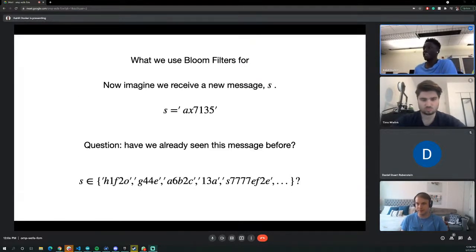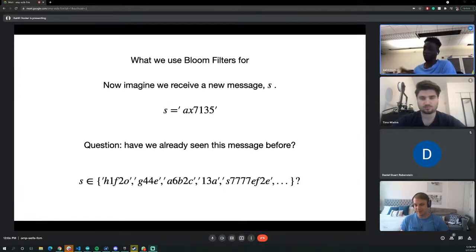So we have that, and now imagine we receive a new message, like a certain string, whatever, AX7135. The question that the Bloom filter is going to answer is, it's used to detect duplicates. It asks, have we seen this message before? Is this new message in our set of messages that we have previously seen?